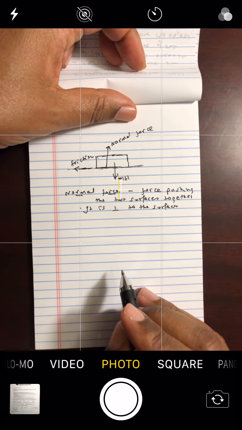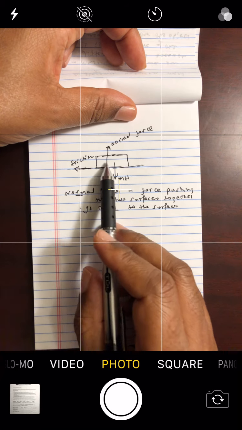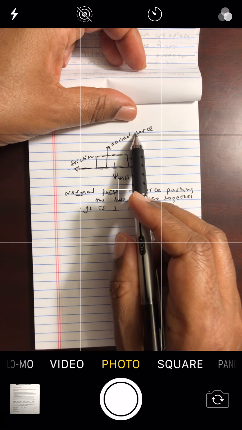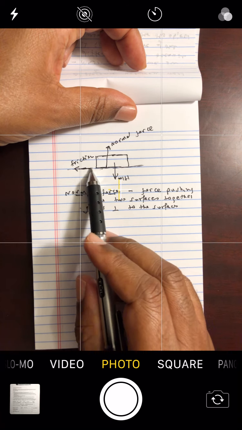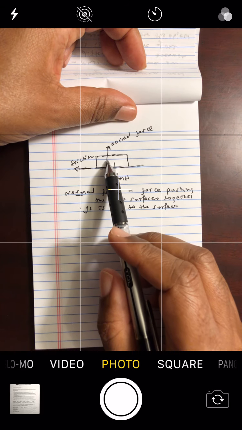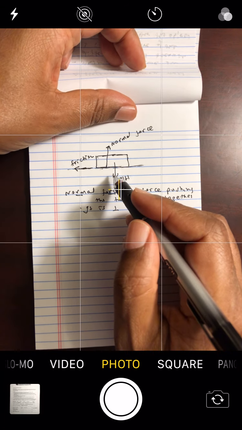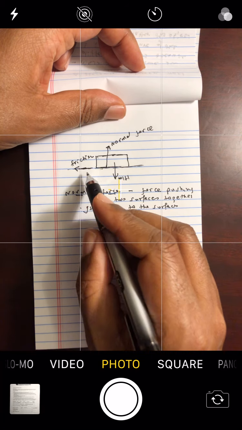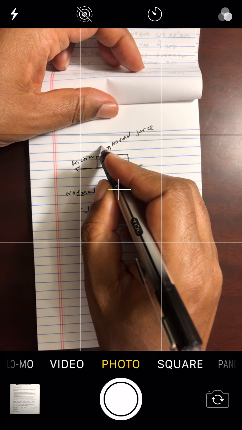So what we call surface force is a combination of these two, okay? So you got a perpendicular force that we call normal force, and you've got a horizontal component that we call friction, okay? So you can say normal force is the vertical component of the surface force, and friction is the horizontal component of the surface force. So you see the surface force is here.